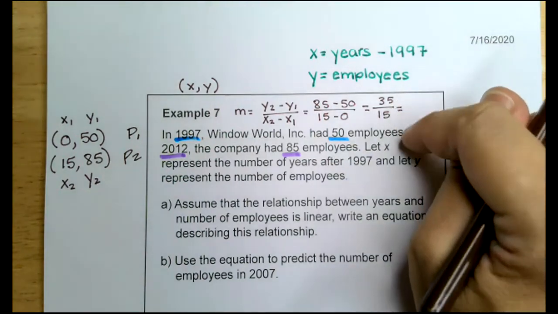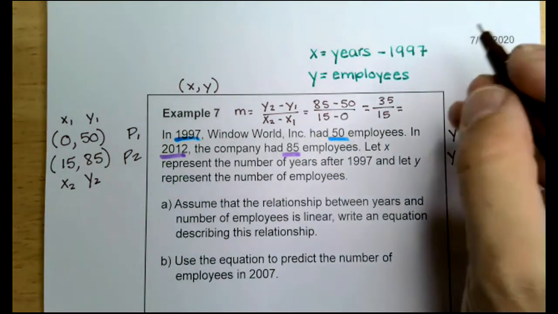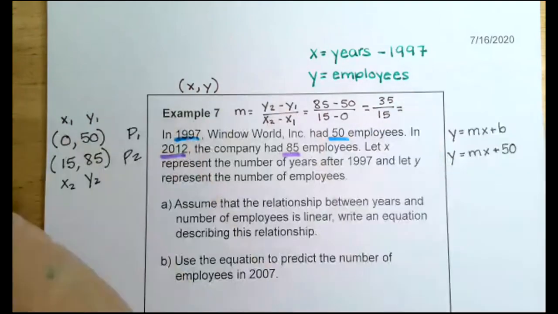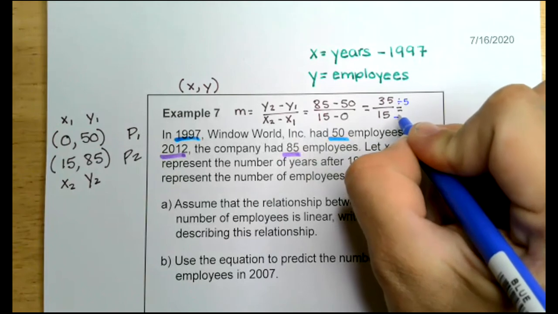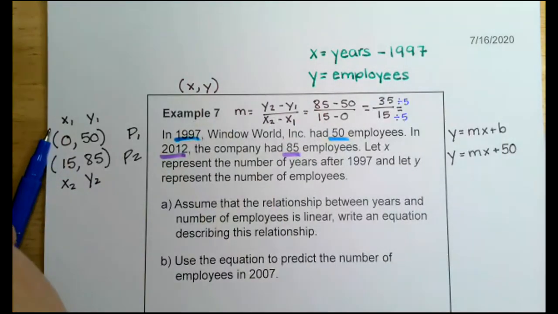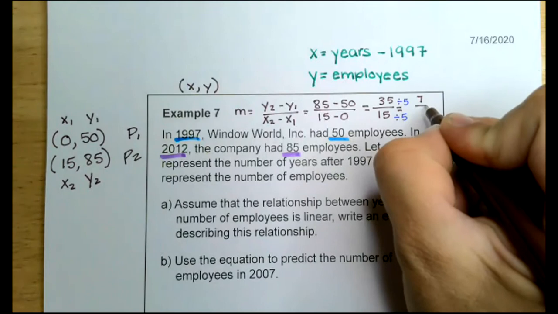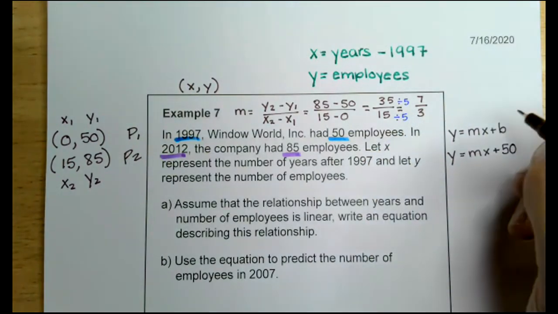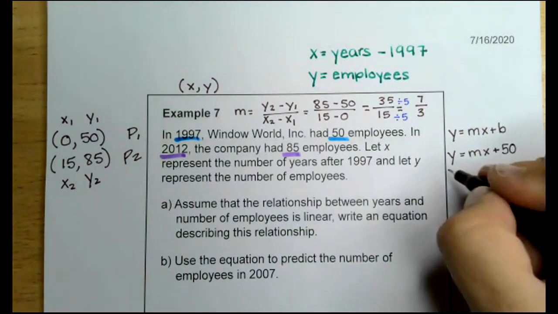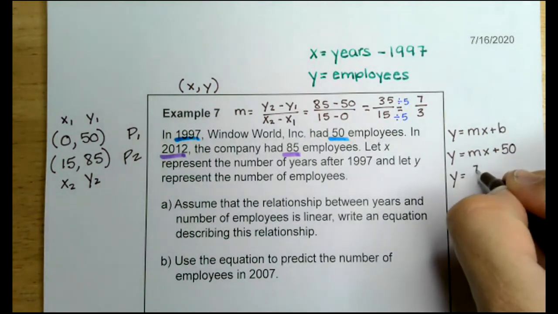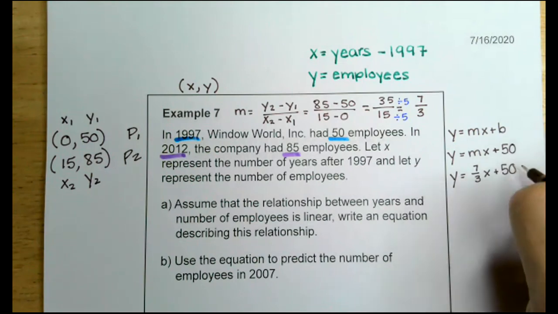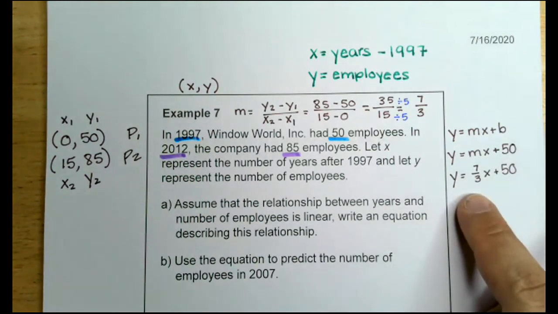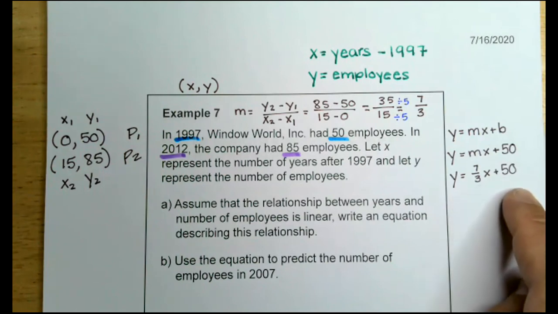If I divide both 35 and 15 by 5, 35 becomes 7 and 15 becomes 3. So my slope is 7/3. Y equals 7/3 x plus 50. The company's getting bigger, so the slope is positive, and the company started with 50 employees.